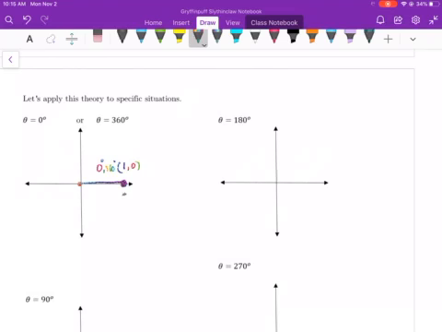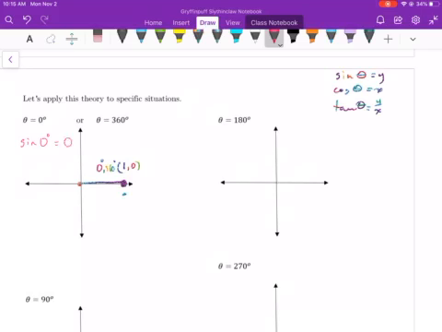That point on my terminal arm is (1, 0). Fabulous. Now, let's keep in mind that when our radius is equal to 1, sine theta is equal to y, cosine theta is equal to the x-coordinate, and tangent theta is y over x, or the slope. So, without reaching for a calculator, I can say that the sine of 0 degrees is equal to 0.